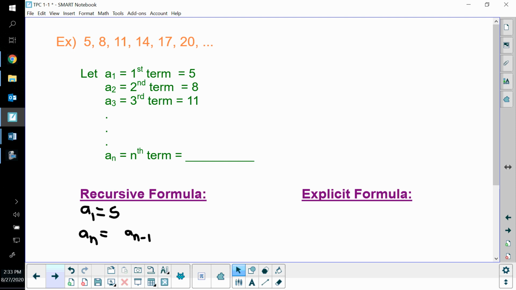Sub just means it's the subscript, so a sub n means the term we're working with, so a with n minus 1 in the subscript means the previous term. So that's all you need to know: a sub n minus 1 is just the previous term.